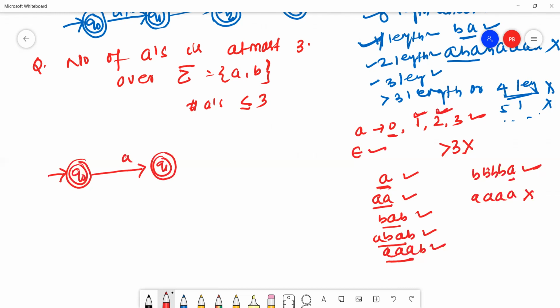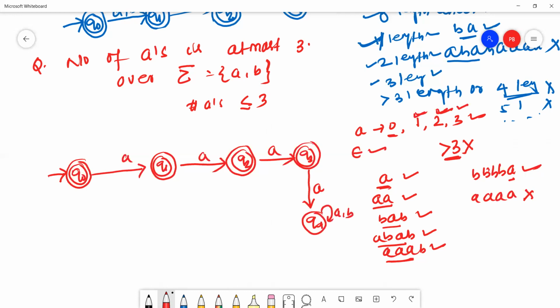Then for 2, this is Q2. Then for 3, Q3. If it is greater than 3, that means go to the dead state.